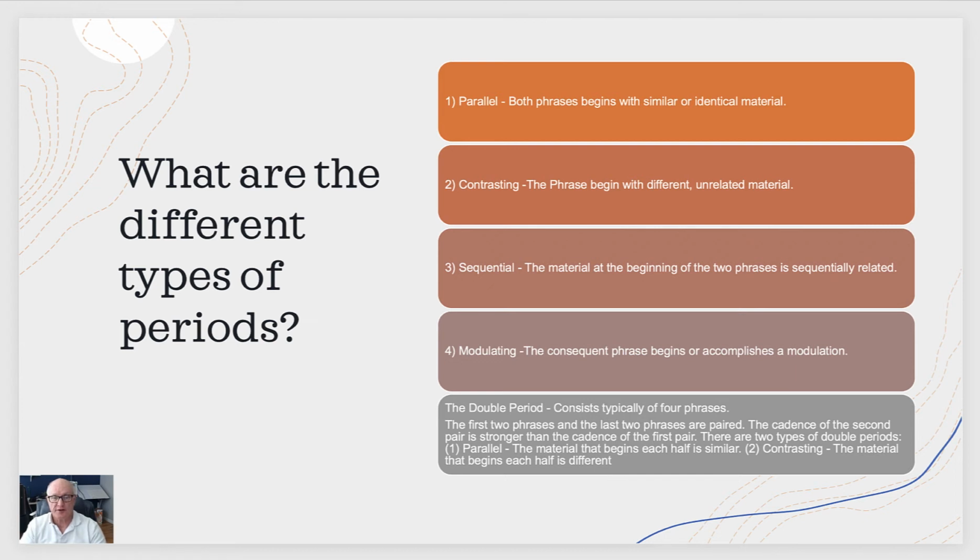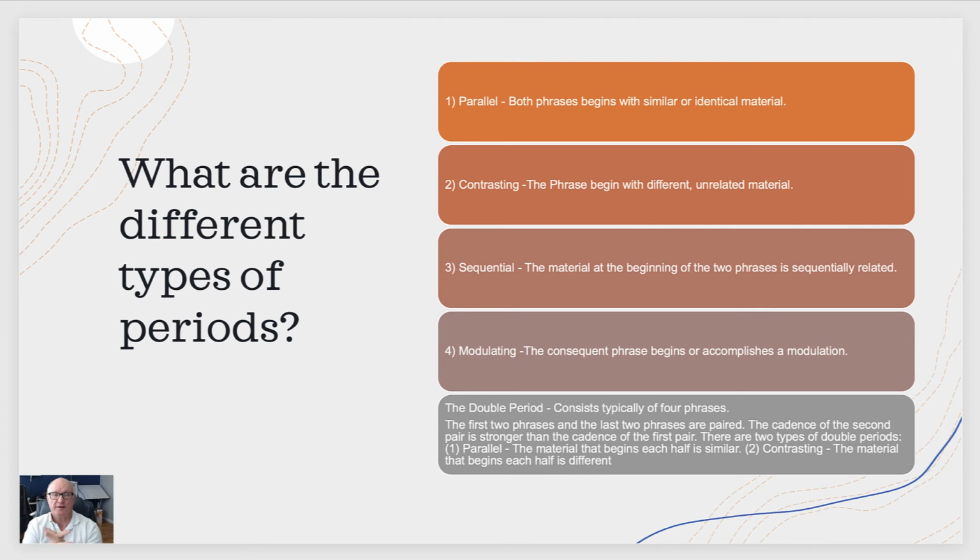Sequential means the material of the beginning of the two phrases is sequentially related. So for instance, if one goes ba-dee-dee-da-dee-dee-da-da-da-dum, the second phrase goes ba-dee-dee-ba-dee-dee-da-dee-dee-dee. Then you could say that that period is sequential. Modulating, that's pretty obvious, I think. The consequent phrase begins or accomplishes a modulation.